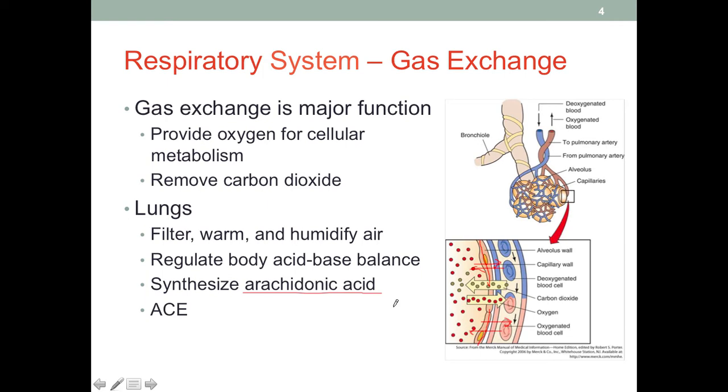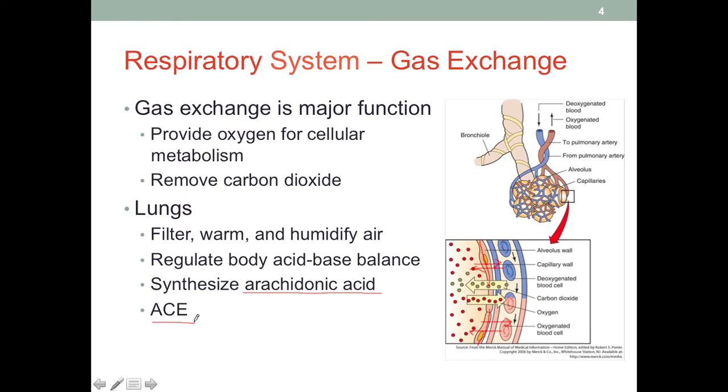In this system, the lungs contribute to an enzyme called angiotensin converting enzyme, which is key in activating angiotensin 2, and that's the potent hormone that enables the body to retain more fluid and sodium. So this enzyme is a target for patients with hypertension as well as other conditions where we need to reduce the fluid retention and sodium retention.